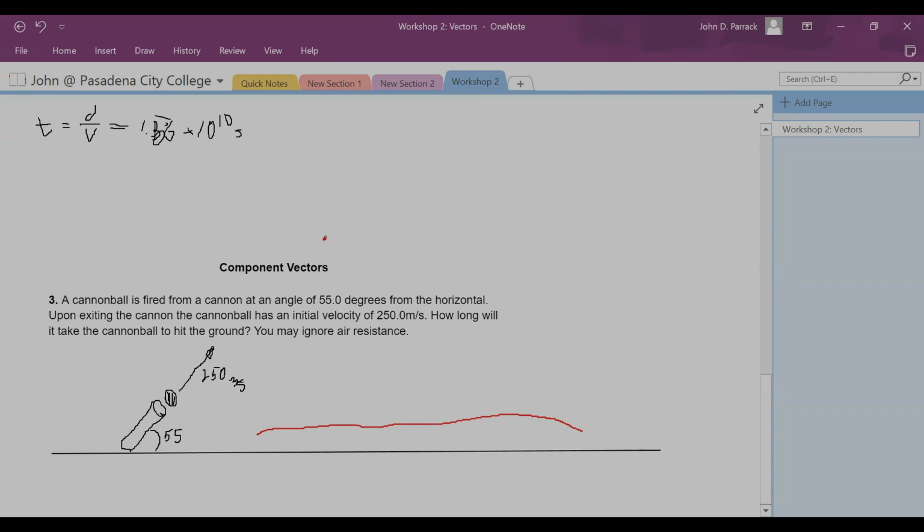It's going to reach some peak height, we know, somewhere, and then somewhere else it'll crash into the ground. We don't really care where that point is. We just care how long it will take until it does hit the ground. So what we're concerned with primarily in this problem really is how much of that velocity is contributing just in the upward direction.